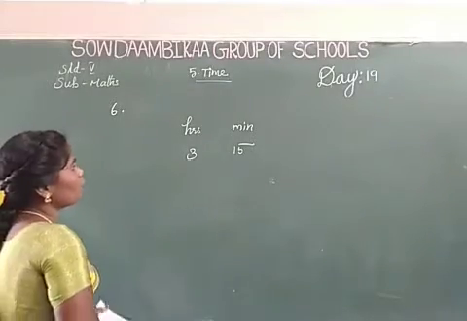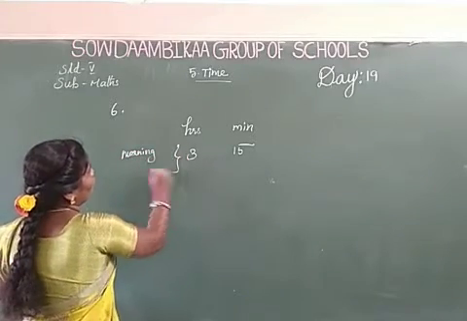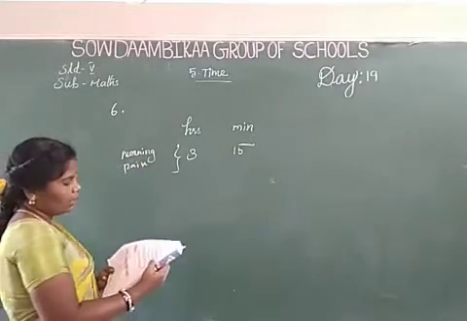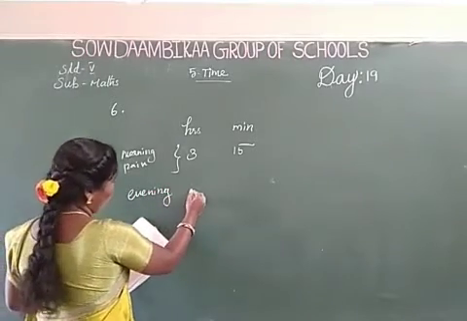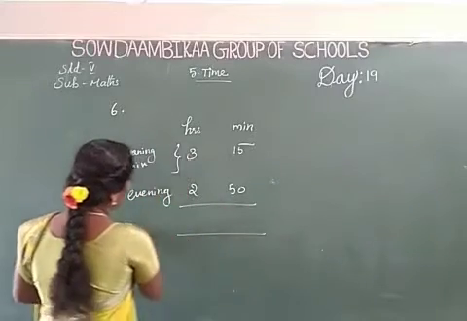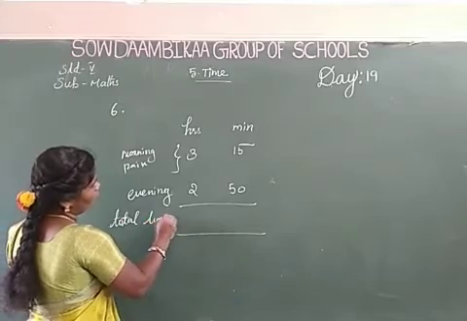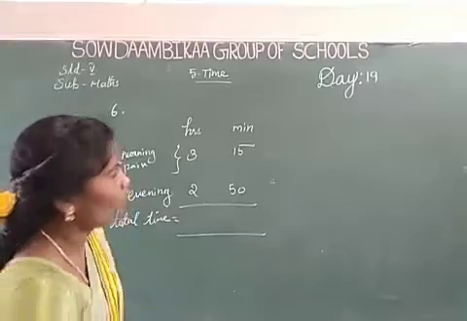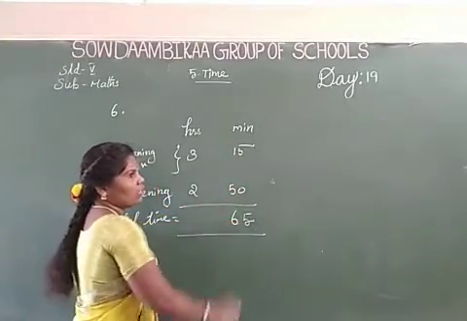Okay, so the morning painting time is 3 hours 15 minutes and the evening painting time is 2 hours 15 minutes. So total working time: 5 plus 0 is 5, 5 plus 1 is 6.